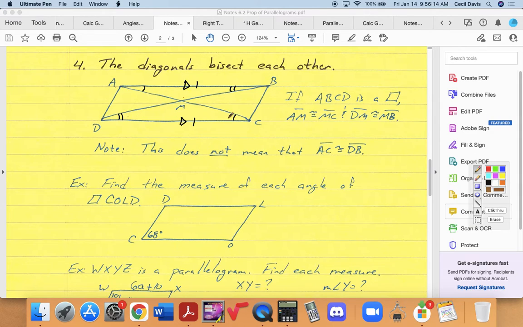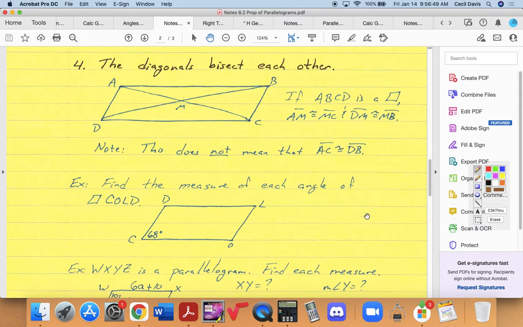Yeah, angle, side, angle. And then any of the matching pieces are congruent. So AM and MC are congruent, and DM and MB are congruent. So those diagonals are going to cut each other in half because this triangle and this triangle are going to be congruent. So if you draw in either one or two diagonals in a parallelogram, you're going to get congruent triangles every single time.